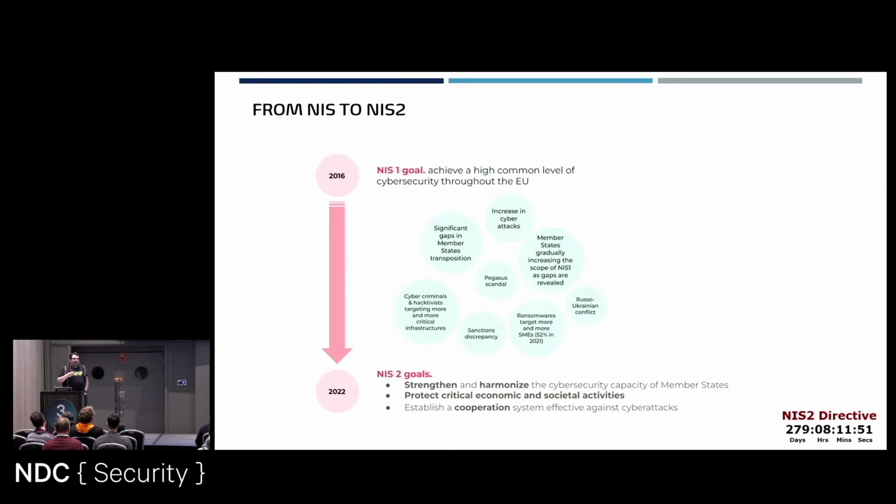And trying to establish a cooperation system. Because if one member state sees an attack, you would want the others to be aware of it and to start implementing protection measures against that. So, just talk to each other, which wasn't happening before, or not at the level at which NIS2 tries to do it.